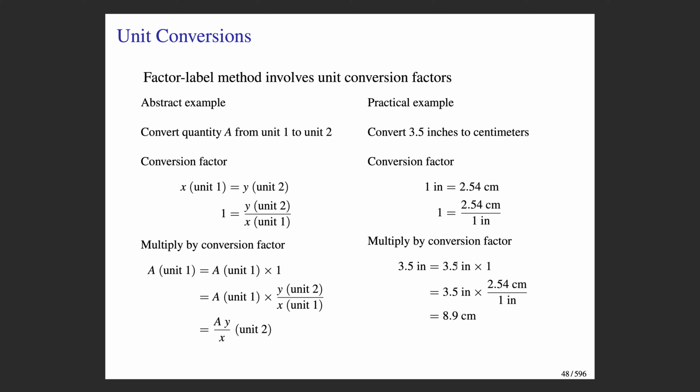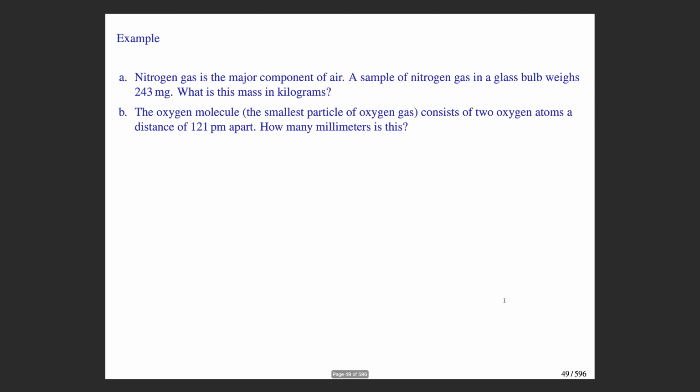You always want the unit that you have to be canceled in the denominator of the conversion factor so that you're left with the unit you want. So units you want in the numerator, units you have in the denominator. That's how you choose what to put here in order to do the unit conversion. And we're going to practice this a couple of times in the rest of this video.